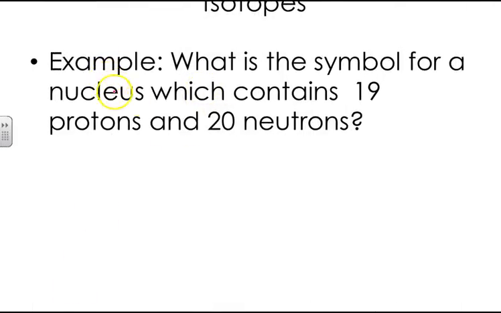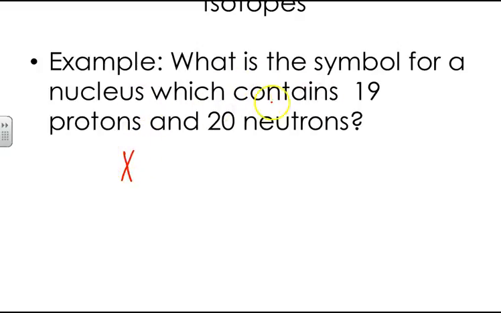So, as an example problem, what is the symbol for a nucleus which contains 19 protons and 20 neutrons? Okay, so to begin with, we're going to use the symbol X for this, and we can identify it later.